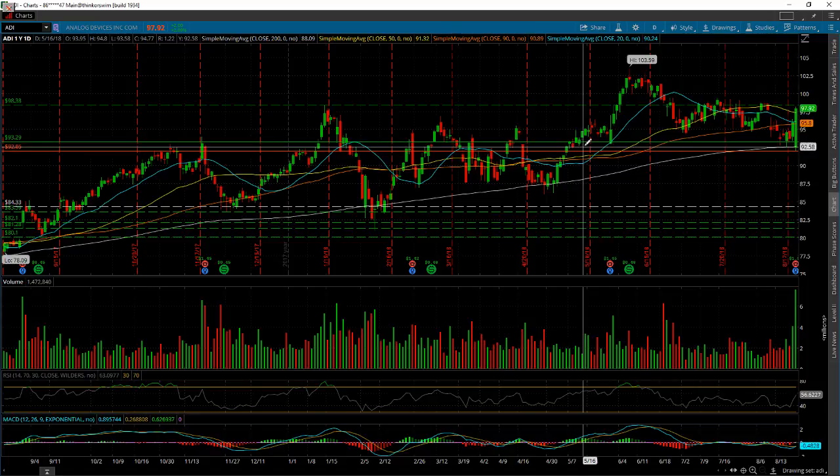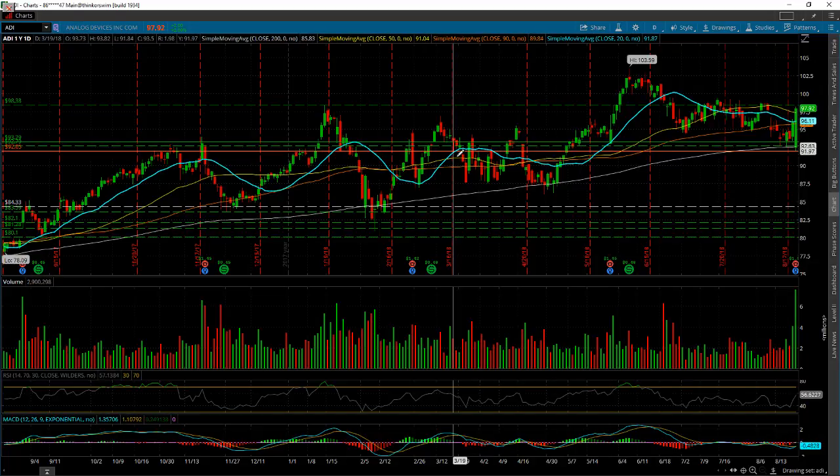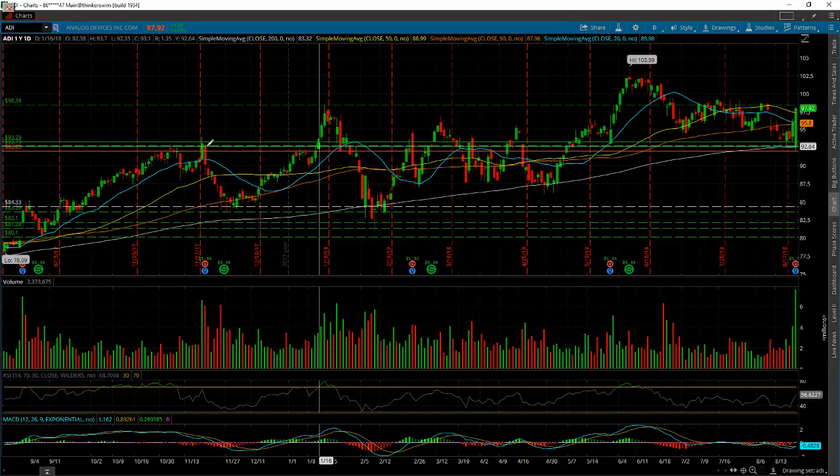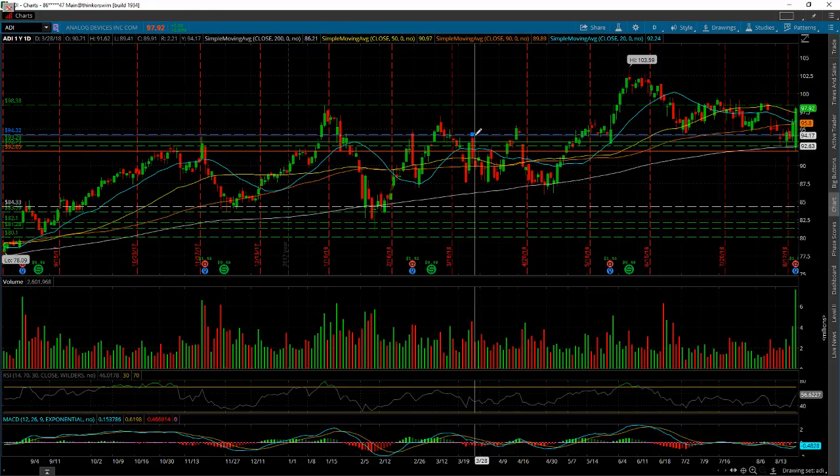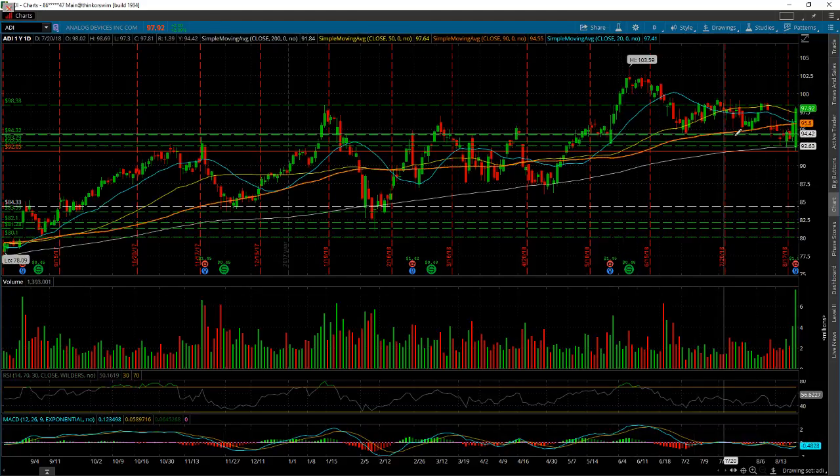So we had a daily level right here. I think this is the next one to the high side. Yep.